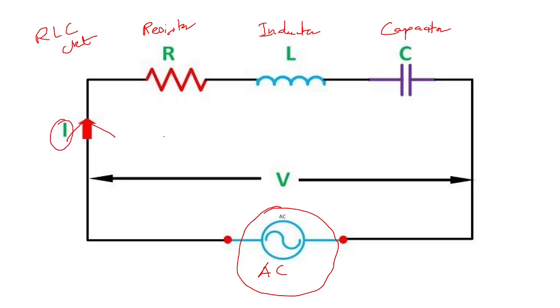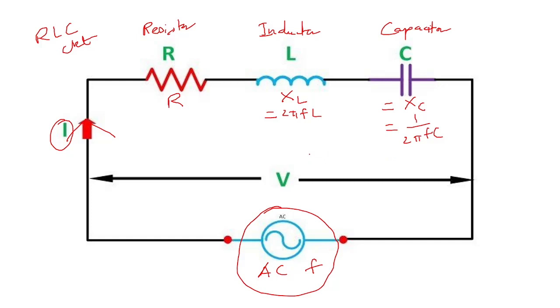Now when current is flowing in the circuit, the opposition to the flow of current is given by resistance R. It is given by the inductor in the form of inductive reactance XL, which is equal to 2 pi F L, where F is the frequency of the applied source and L is the inductor value in Henry. Then the opposition given by the capacitor is XC, which is 1 by 2 pi F C, where again F is the frequency of the supply source and C is the value of the capacitance used.